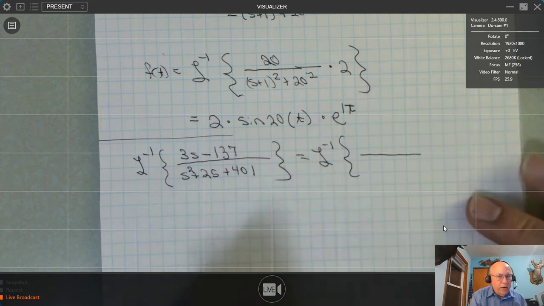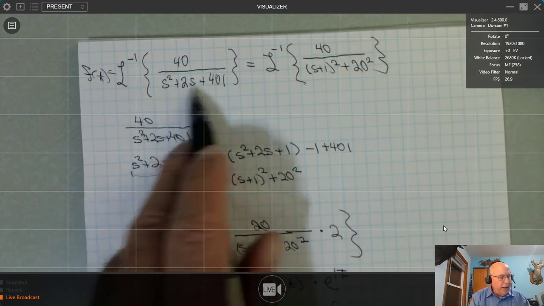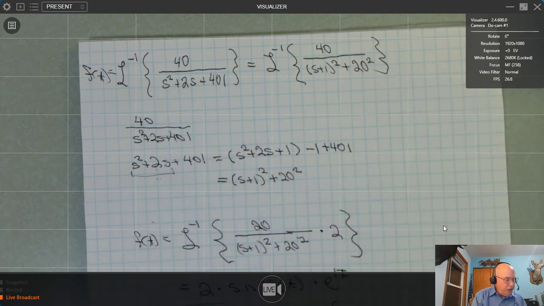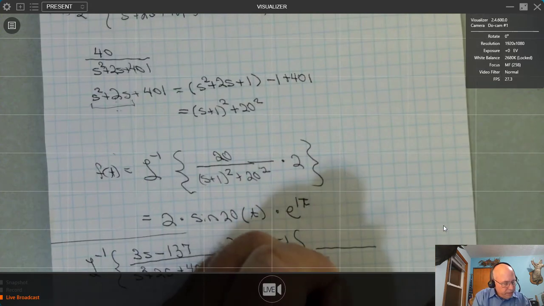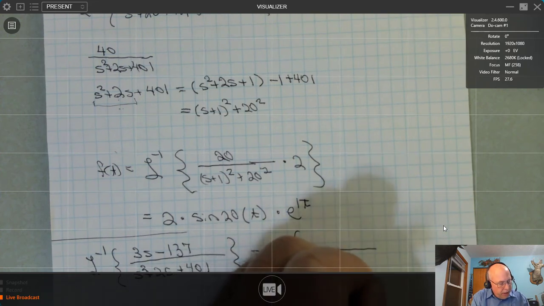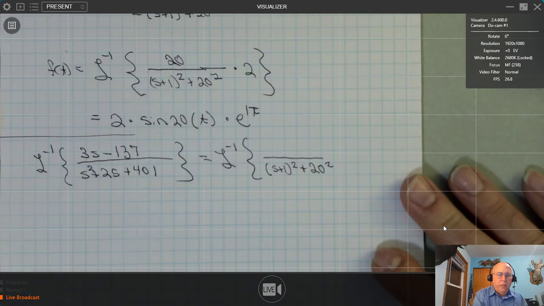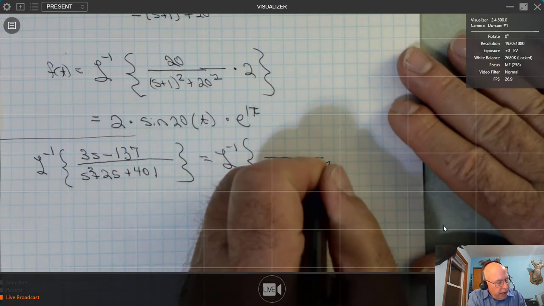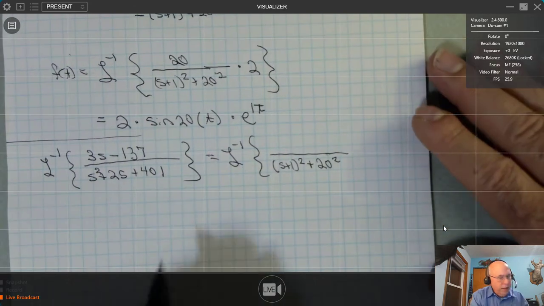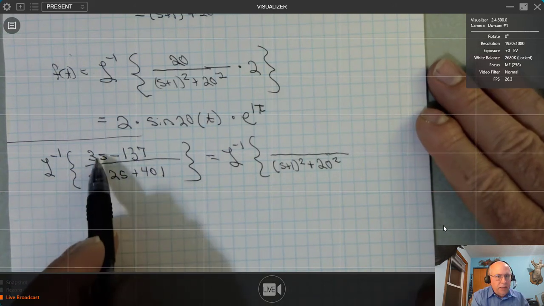now we already know from our work on the last one that when you complete the square on that denominator, you get this here, s plus 1 squared plus 20 squared. Okay, so far we're in pretty good shape. And now we'd say, well, this thing up in the numerator here, that is based on s.